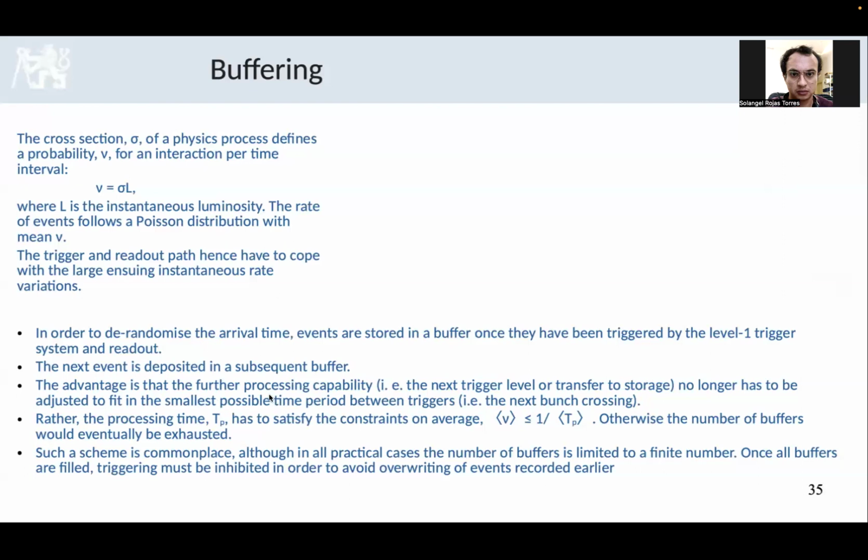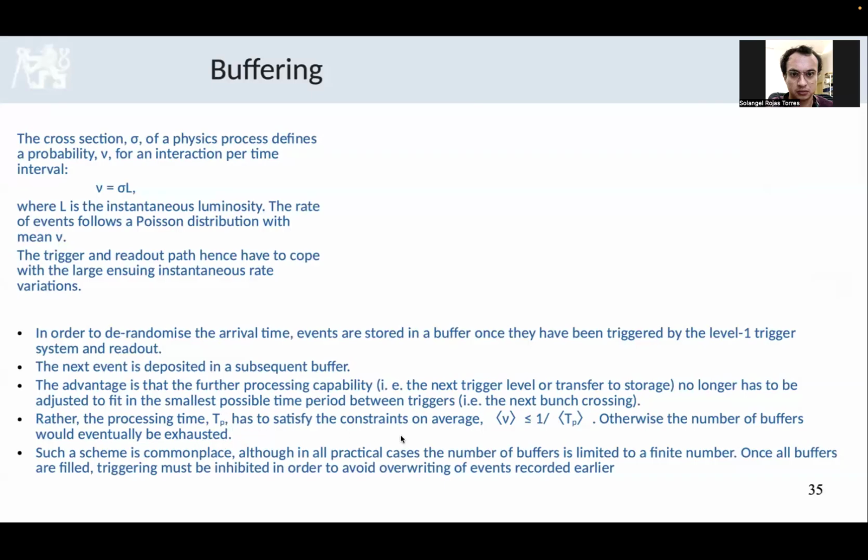The advantage of this is that you can have further processing later on.